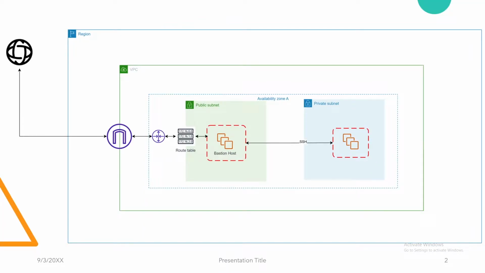So in the public subnet, we are going to have a Bastion Host. What is a Bastion Host? A Bastion Host is a server whose purpose is to provide access to a private network, in our case the private subnet, from an external network, in this case from the internet. So let's go to our hands-on.